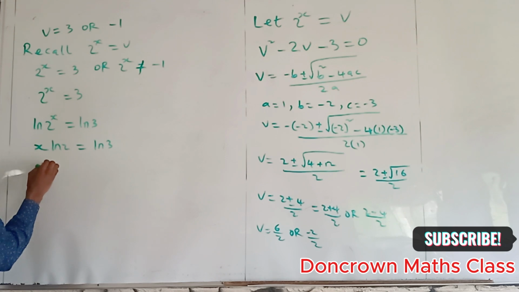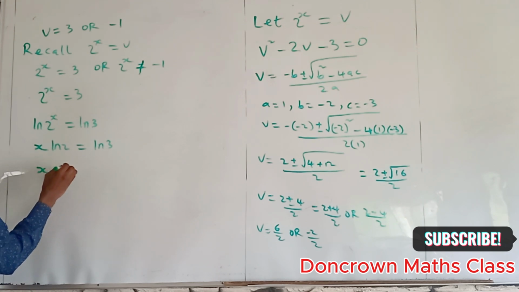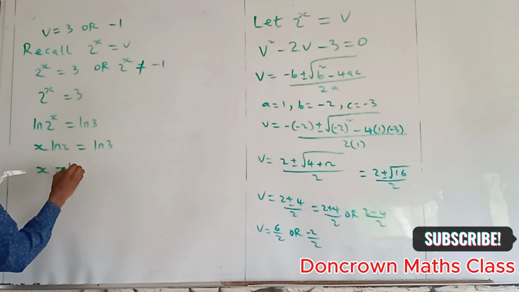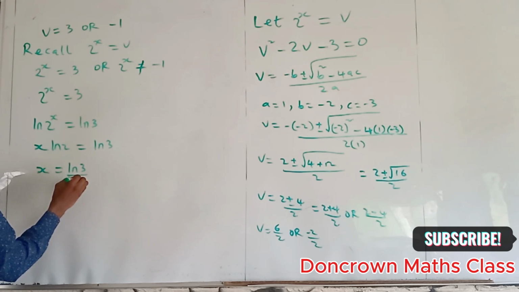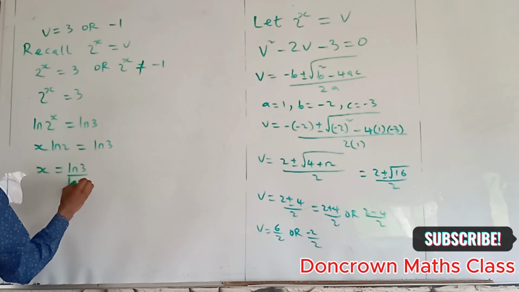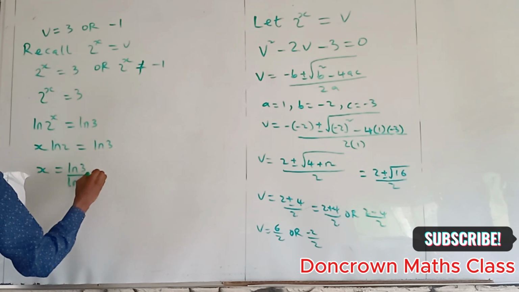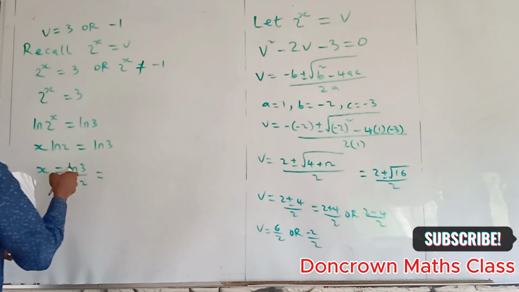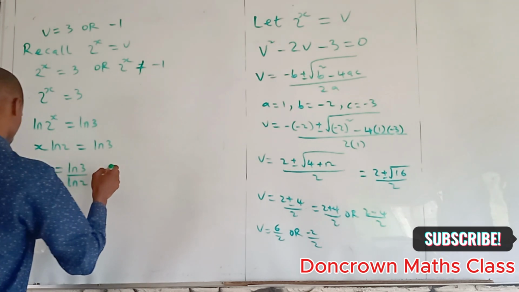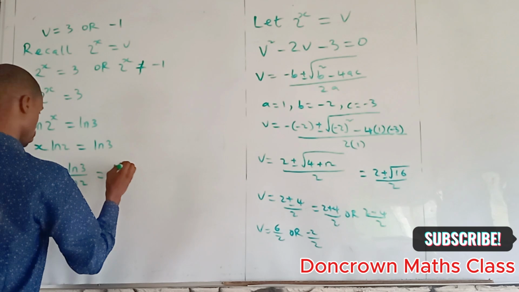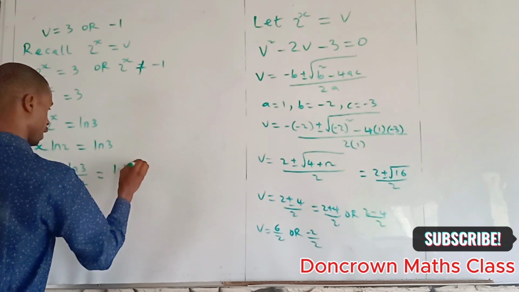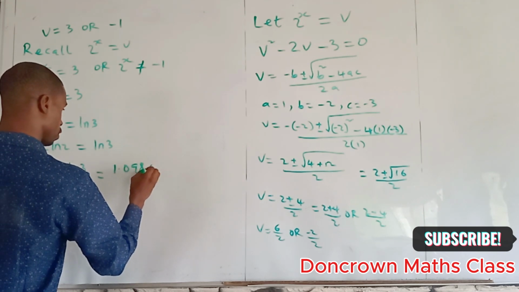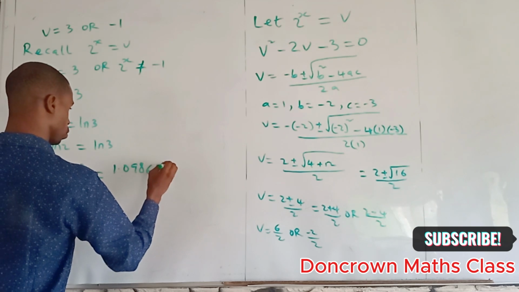So if you divide both sides by the natural logarithm of 2, x is equals to natural logarithm of 3 all over natural logarithm of 2. So which is equals to, you are going to press your calculator, the natural logarithm of 3 will give us 1.0986123.